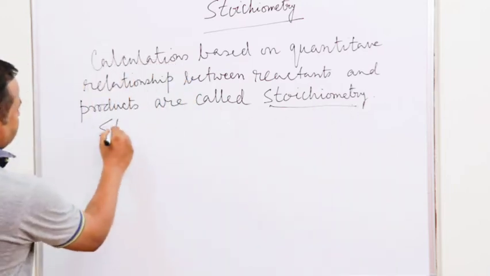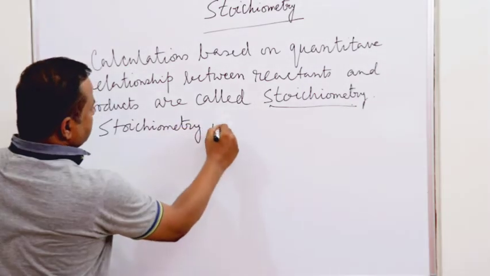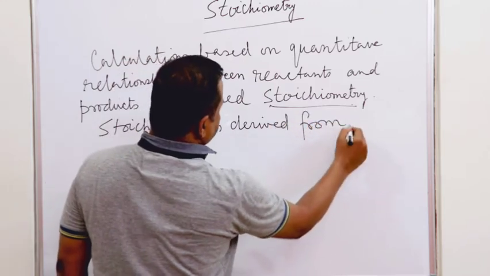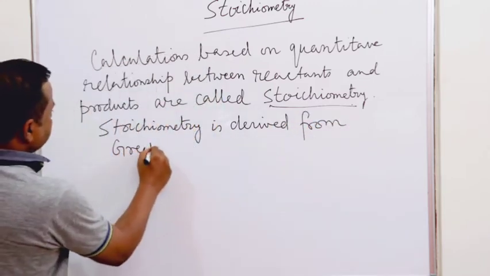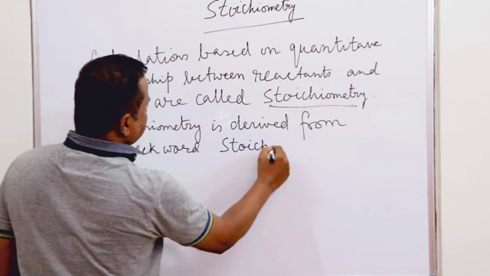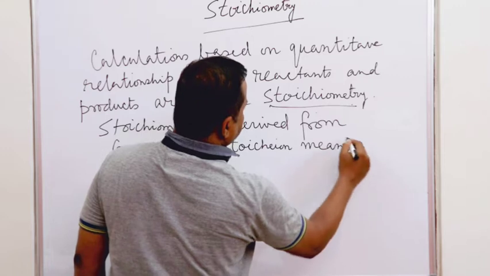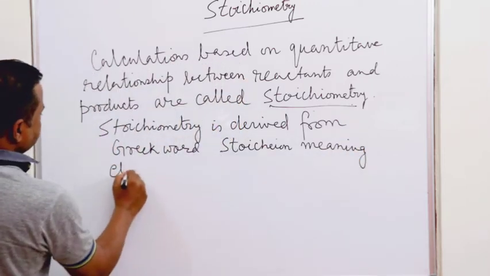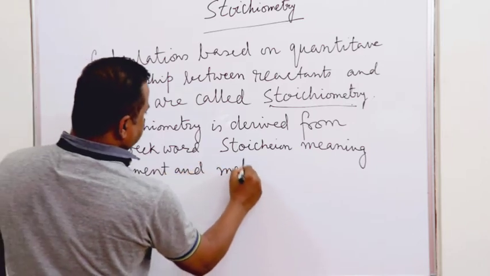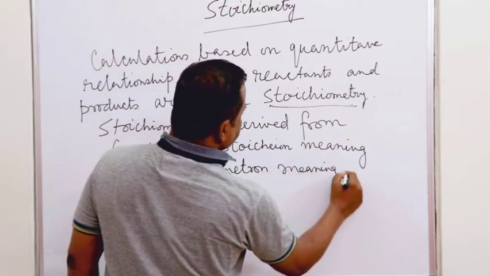Now this word stoichiometry is derived from the Greek words stoichion, meaning element, and metron, meaning measure.